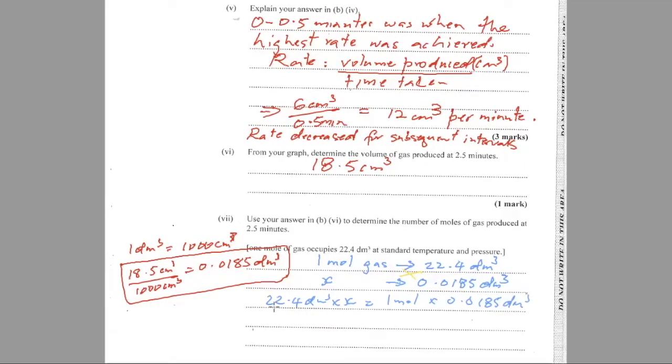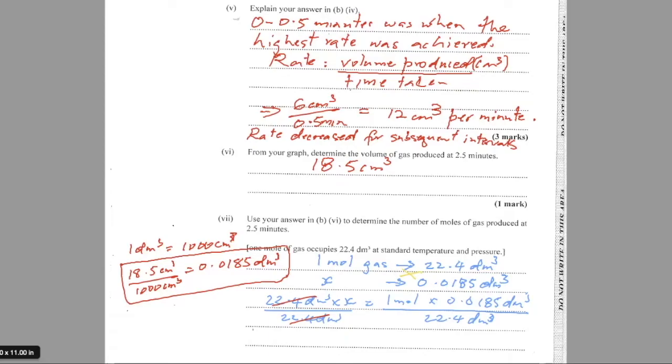And if we want to make X the subject, we have to get rid of everything that's around X. So we'll need to divide by 22.4 dm cube on both sides. All right, let's use red to cancel out. So 22.4 dm cube, 22.4 dm cube, and whatever we're left with, that will be our answer. So that will be 0.0185 divided by 22.4 dm cube.